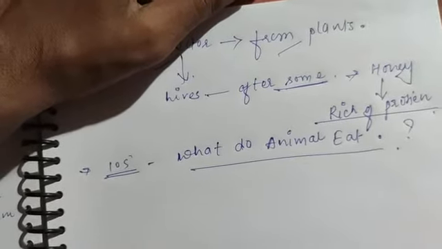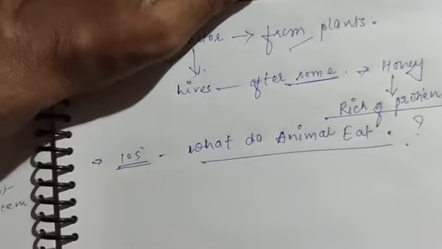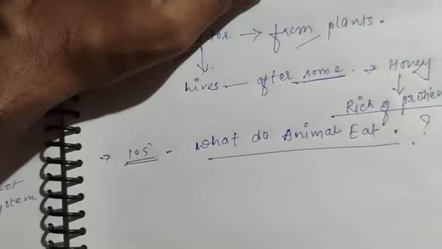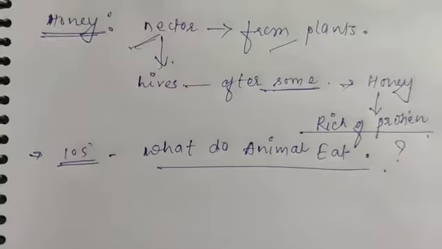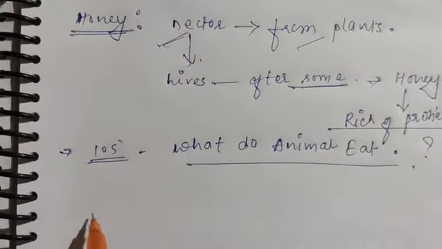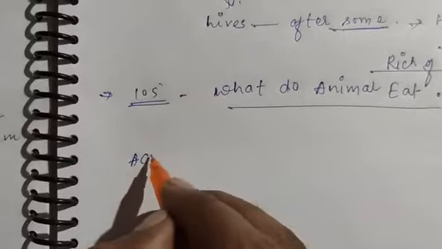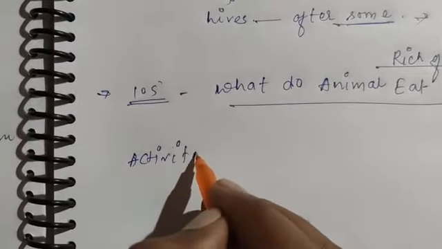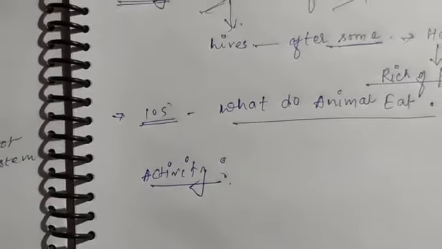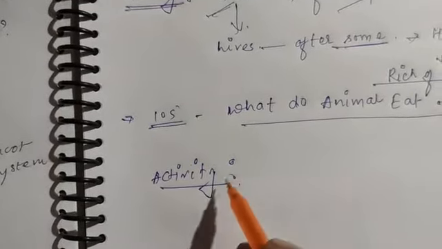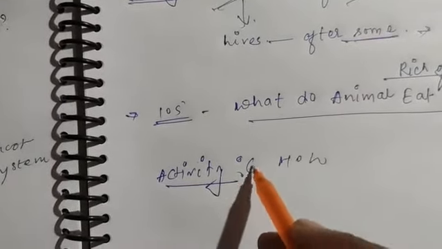Here in your book, activity 6 is given. A list of animals and their food is given in table 1.5. That is your homework, activity 6.